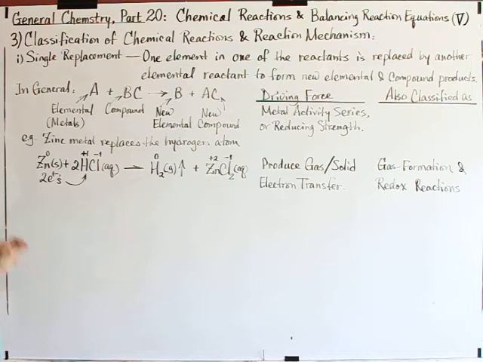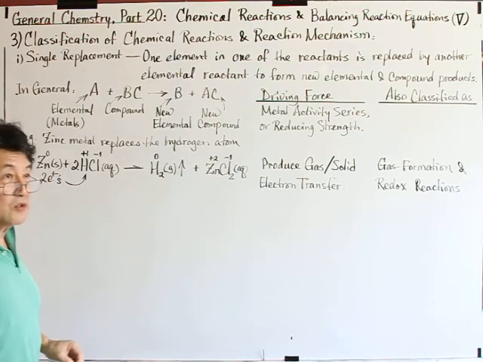You say, well, zinc is a metal, I understand the transition metal. But what about hydrogen? Hydrogen is not a metal. Well, I already mentioned in one of those parts that hydrogen is a metal.